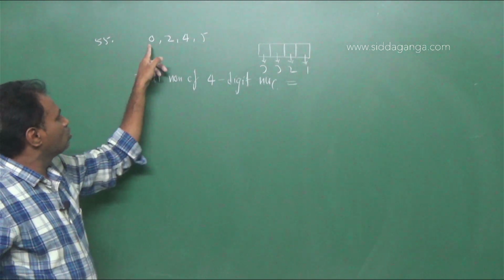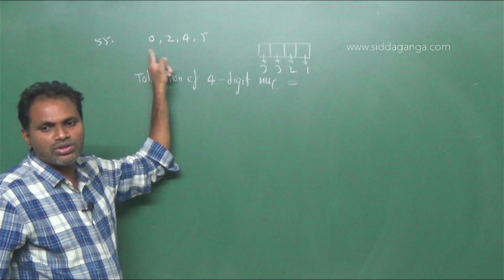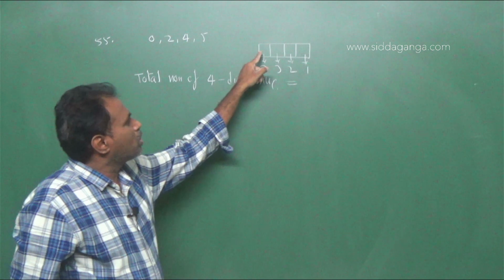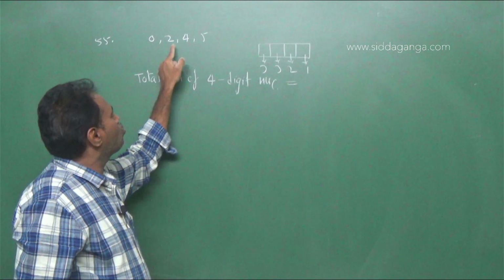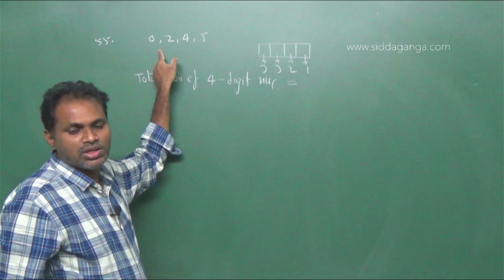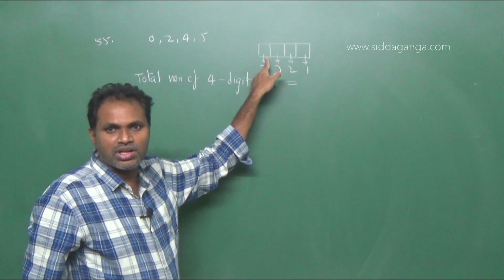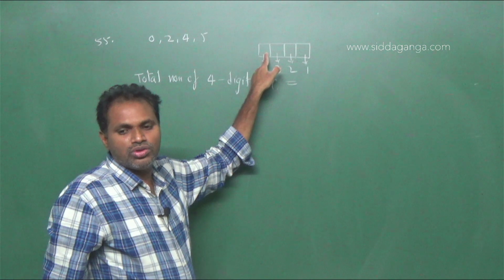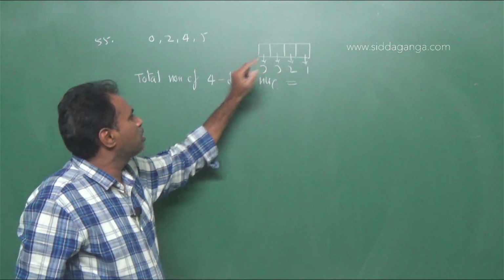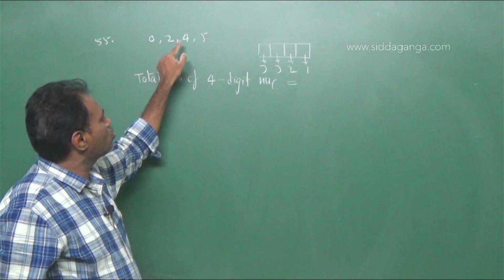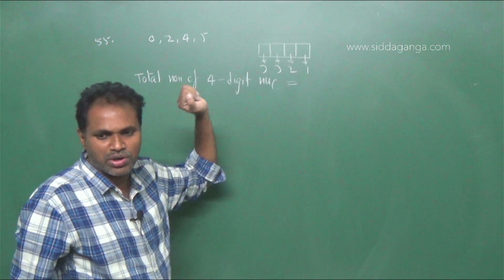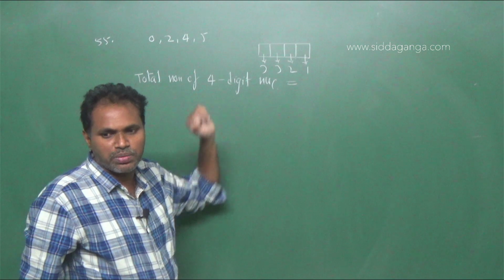See here, once again, the given digits are 0, 2, 4, 5, and you want 4-digit numbers. The first box you can fix with 2, 4, 5, because if you fix 0 in the first box, that number converts into a 3-digit number. That's why 0 should not be kept in the first box. Therefore, 3 ways you can fix the first box.